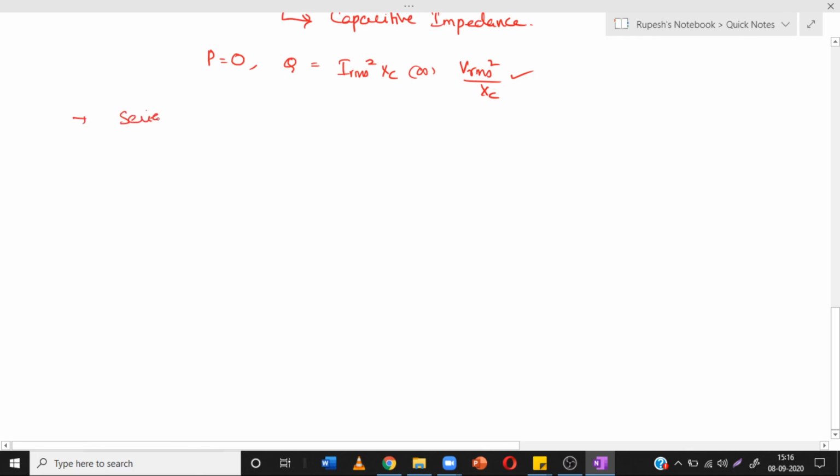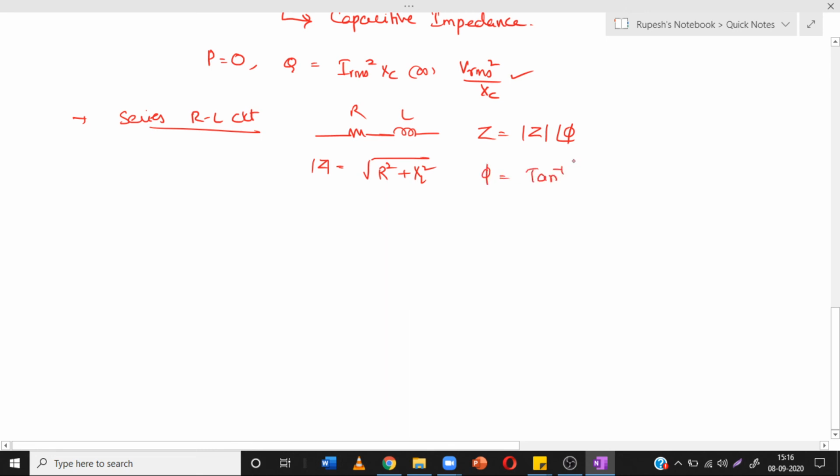Next, let us see the series RL circuit. The series RL circuit is represented like this: this is R and this is L. Here the impedance is mod Z at angle phi, where mod Z is root of R square plus XL square, and phi is tan inverse XL by R. Or if you multiply by I in both numerator and denominator, it becomes tan inverse VL by VR.